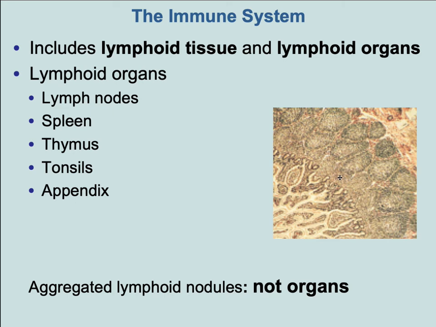The immune system includes the lymphoid tissue and the lymphoid organs. The lymphoid organs are these more discrete, including the lymph nodes, the spleen, the thymus, the tonsils, and the appendix. And then there is separate dispersed lymphoid tissue that's known as aggregated lymphoid nodules. These are not lymphoid organs.